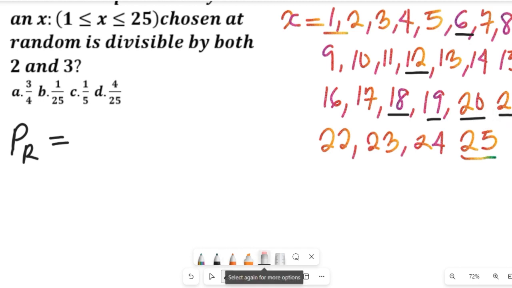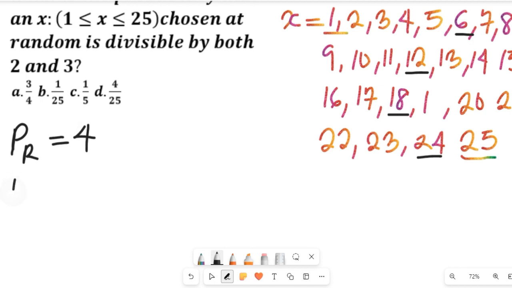Let's not continue to underline them. 22 cannot, 23 cannot, and then we'll have 24. 25 cannot.